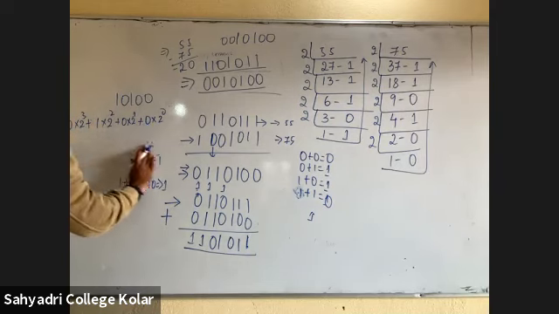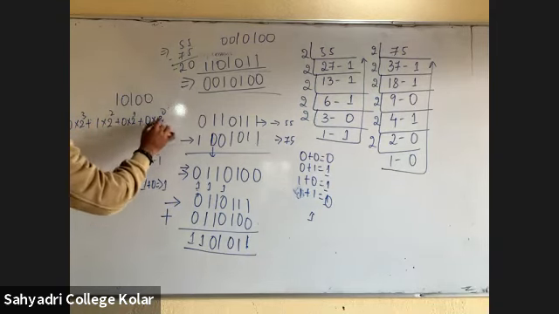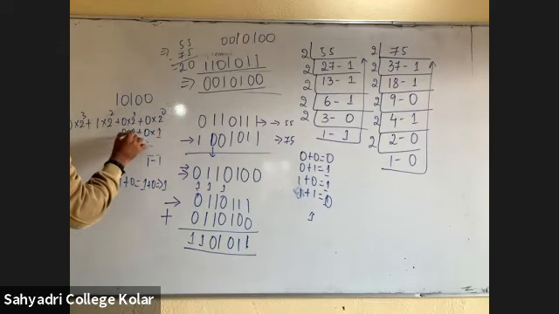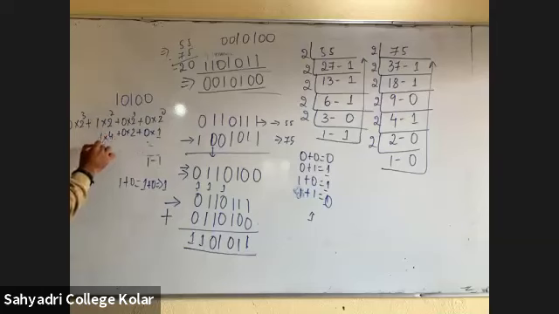Now, 2 to the power of 0 is nothing but 1. 0 into 1 plus 0 into 2 to the power of 1. 2 to the power of 1 is nothing but 2. 0 into 2 plus 2 to the power of 2 is nothing but 4. 4 into 1 plus 2 to the power of 3 is nothing but 8. 8 into 0. 2 to the power of 4 is nothing but 16. 16 into 1.